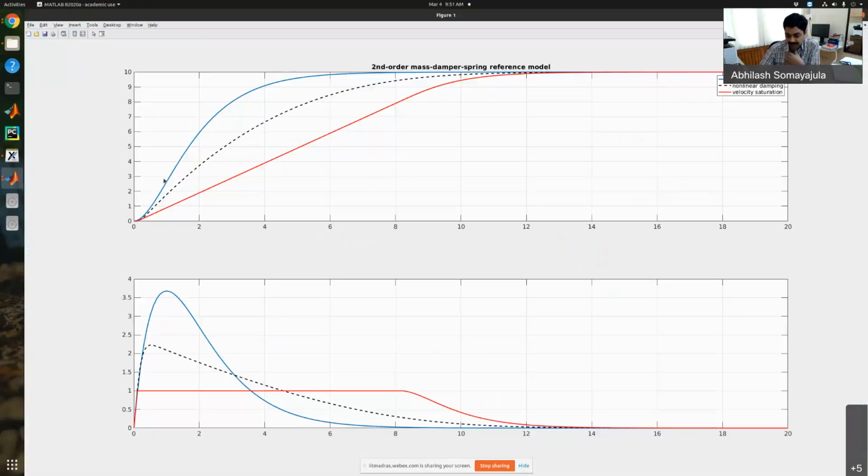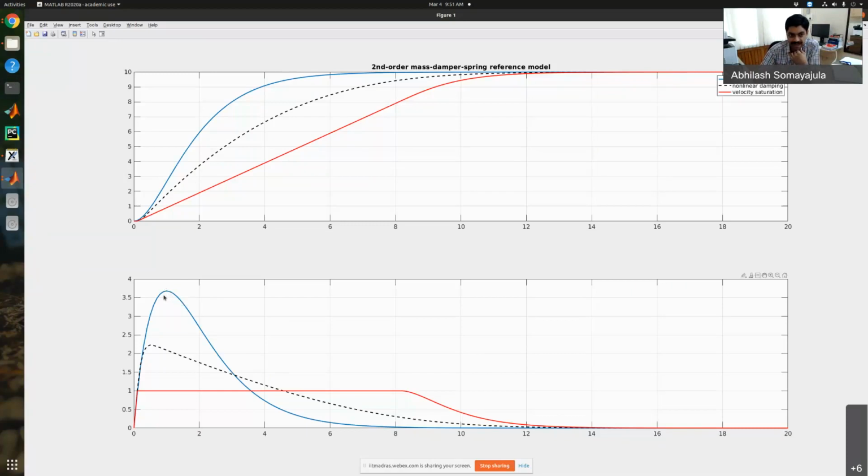So when I provide a step input, you'll see that the velocity first shoots up to almost 3.5 meters per second, 3.6 meters per second, and then it slowly comes down. Everybody with me so far? Yes, sir. But we may not be able to achieve these velocities in reality, in which case we can augment the model slightly differently.